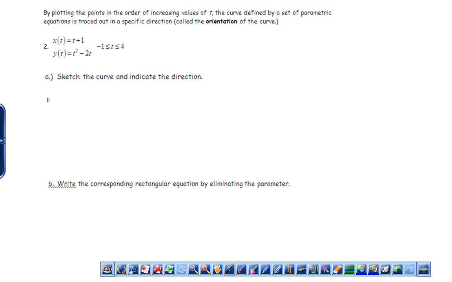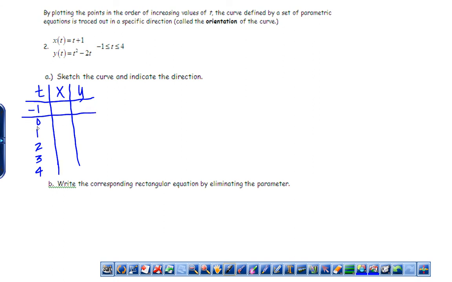So I'm now going to do another t chart where I've got t, x, and y. And I want to go from negative 1 to 4. So negative 1, 0, 1, 2, 3, and 4. And again, I'm plugging into the parametric equations that I gave you.